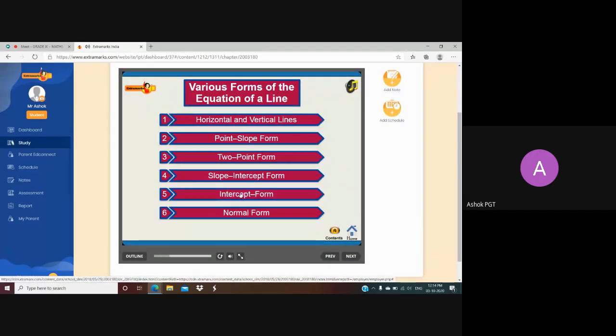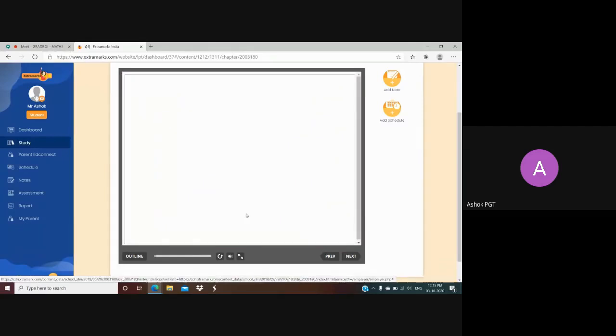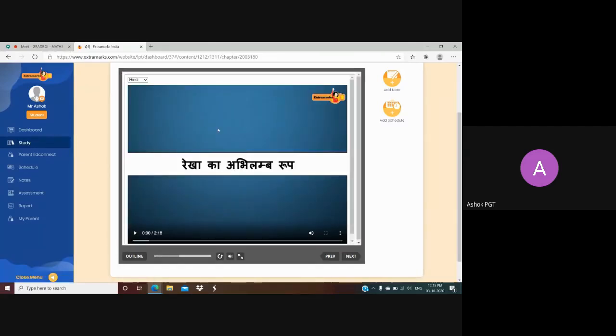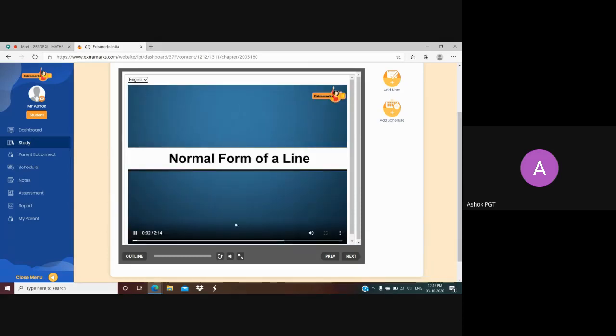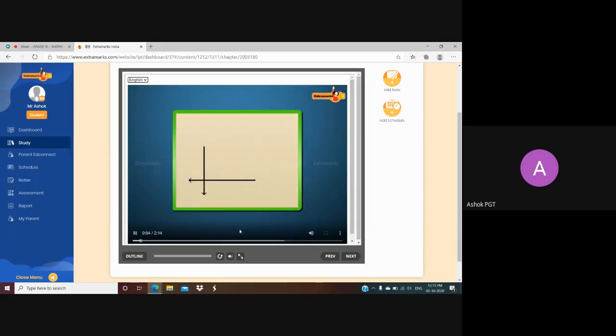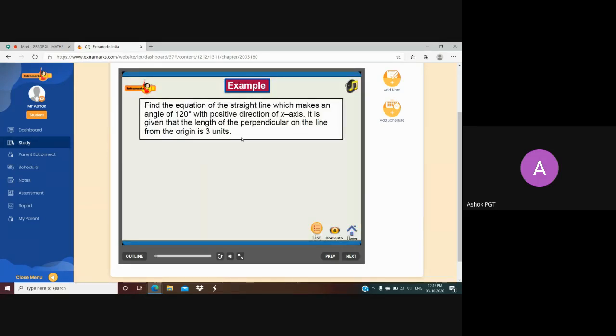We will now study about the various forms of normal form of a line. Suppose a non-vertical line is known to us with the following data. Let us solve one problem.